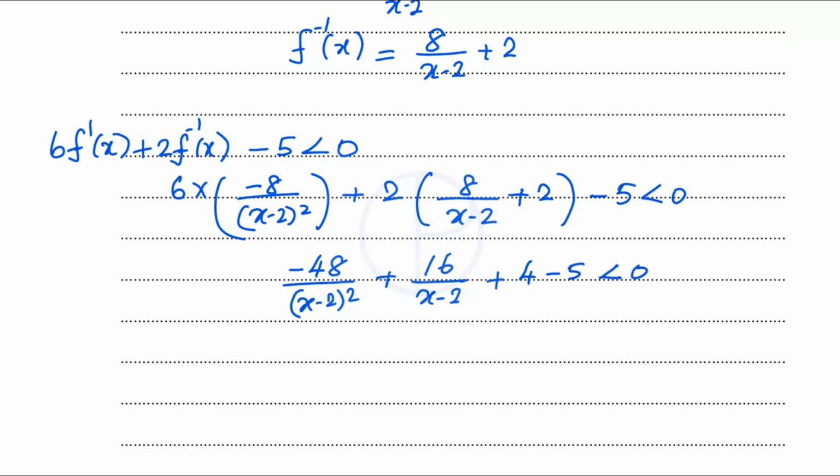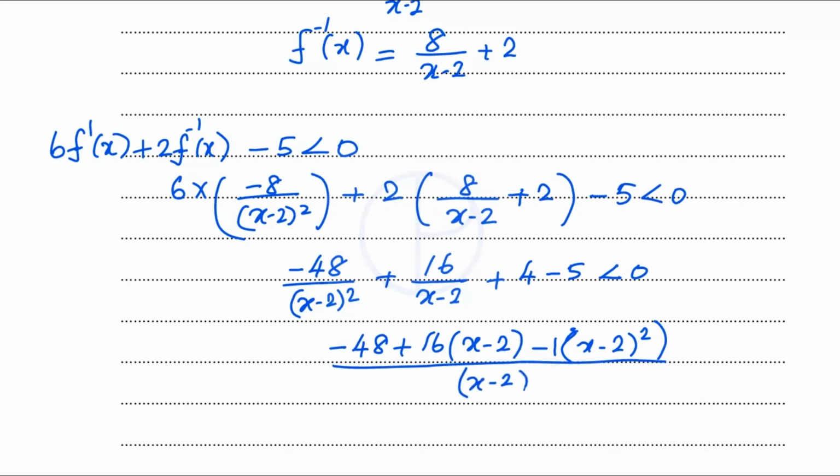Let's take (x − 2) squared as the common denominator. So we get −48 plus 16 times (x − 2). 4 minus 5 is negative 1. So negative 1 times (x − 2) squared, divided by (x − 2) squared, is less than 0.